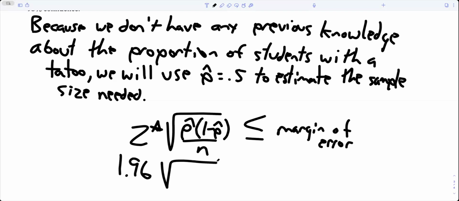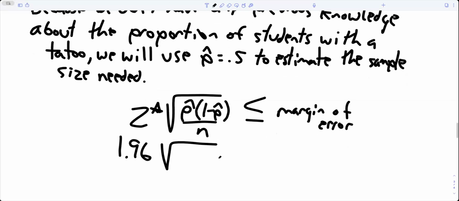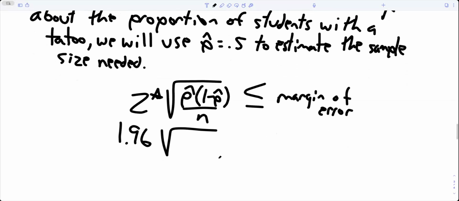And I've got the square root. Where did that come from? P hat is 0.5. So 1 minus that is also going to be 0.5. And the sample size is what I'm looking for. And then this is going to be less than or equal to, they wanted a margin of error of 0.1.